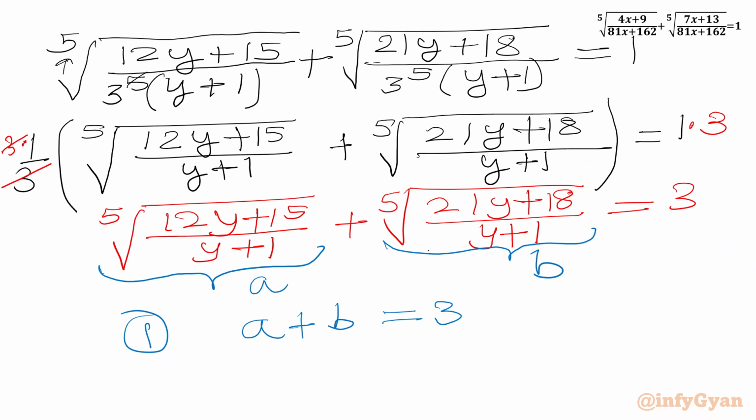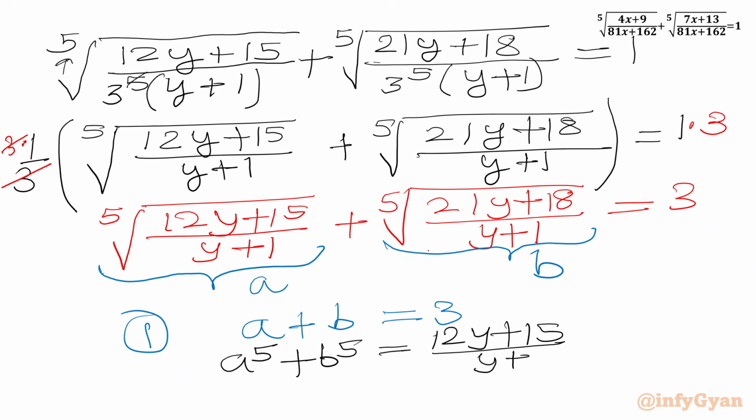Now I will raise power 5 to our substitutions to find a power 5 and b power 5. So let's figure out a power 5 plus b power 5, which will be equal to 12y plus 15 over y plus 1 plus 21y plus 18 over y plus 1. Now we have y plus 1 as our common denominator, and in numerator we'll simply add and get 33y plus 15 plus 18 is 33.